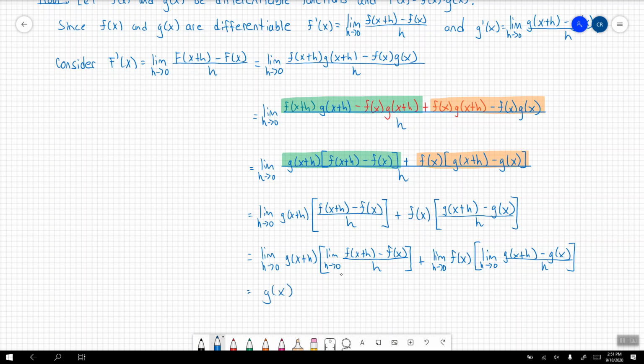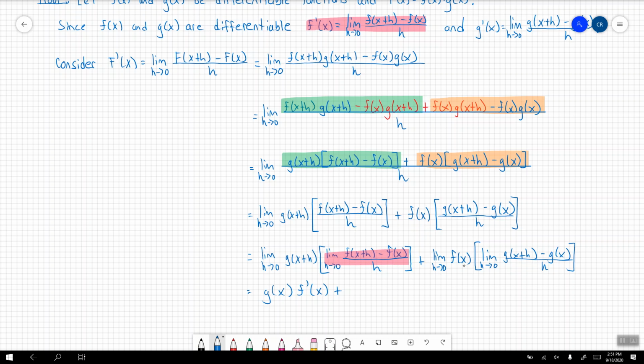Well, what about the one that it's multiplying? The limit as h approaches 0 of the difference quotient. Remember that difference quotient was actually up here at the very top. So what is that? That's your f prime of x.